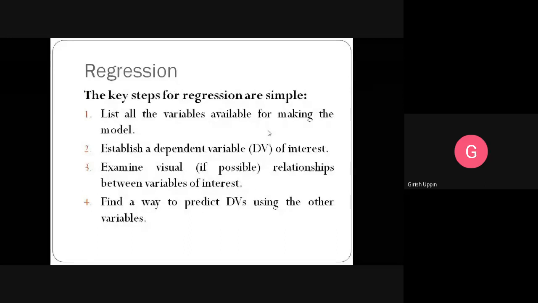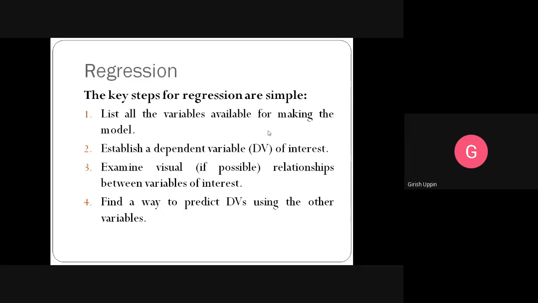The key steps for regression are listed as below. List all the variables available for making the model. Whatever the problem statement you have, according to that, you have many variables that are available for making the model. And among those variables, we have to establish the dependent variable of interest. If you want to predict the stock price, then stock price is the target or the dependent variable.